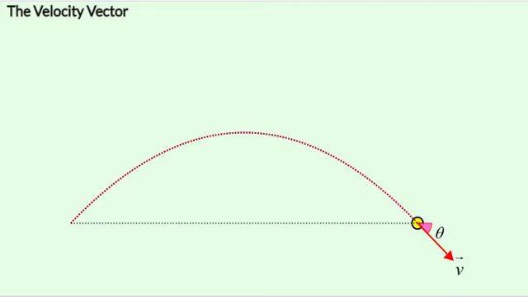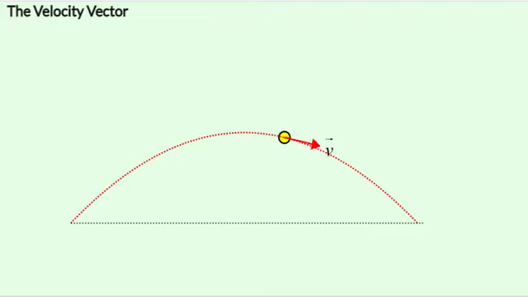Now let's go over this slower. You can see that as the projectile rises, the angle made by the velocity vector with the horizontal reduces, and as we reach the very top, the angle goes down to 0, and at that time the velocity vector is parallel to the ground, with theta being 0.